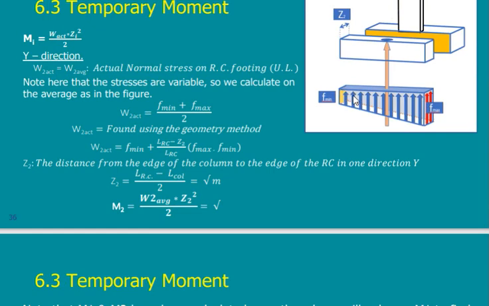I have two options: either to get the moment due to the 4 meters, and when I get the amount of steel, I know that it was calculated for the 4 meters, or I just take a strip of 1 meter. But in this case, I cannot take a strip. Why? Because this strip has a moment different from this one, because the stress is different.